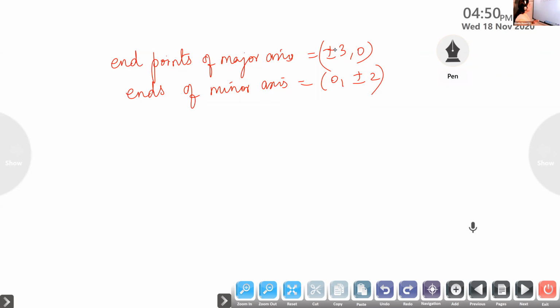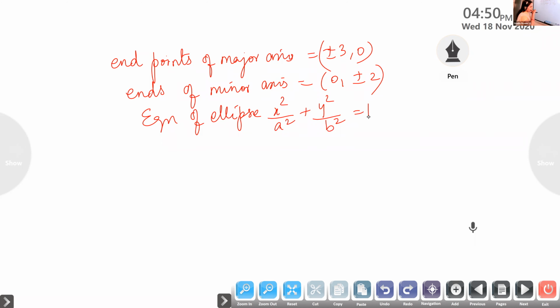Can you give what is the equation of the ellipse? Atul, what is the standard form? X square by a square plus y square by b square is equal to 1. Why you selected this form?